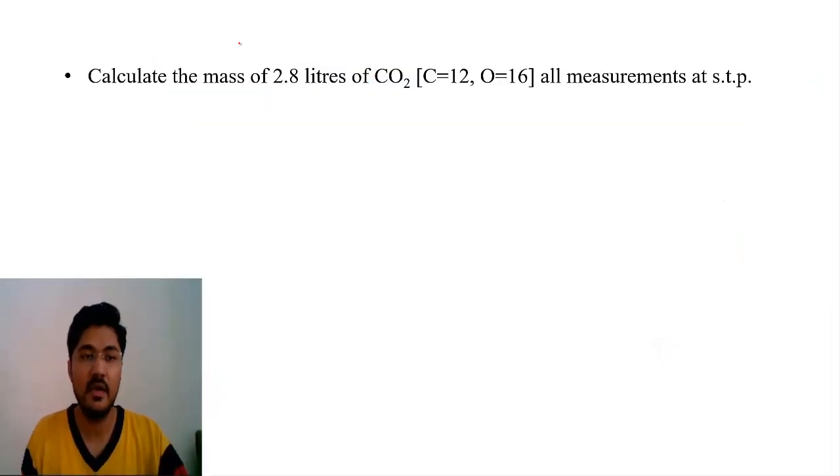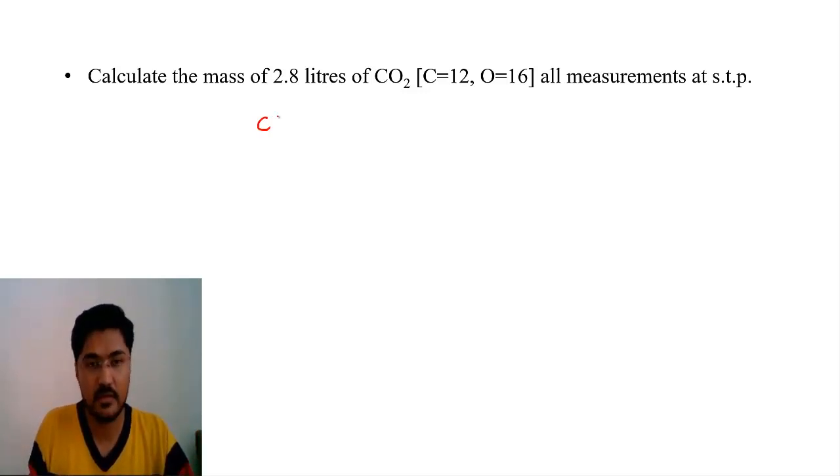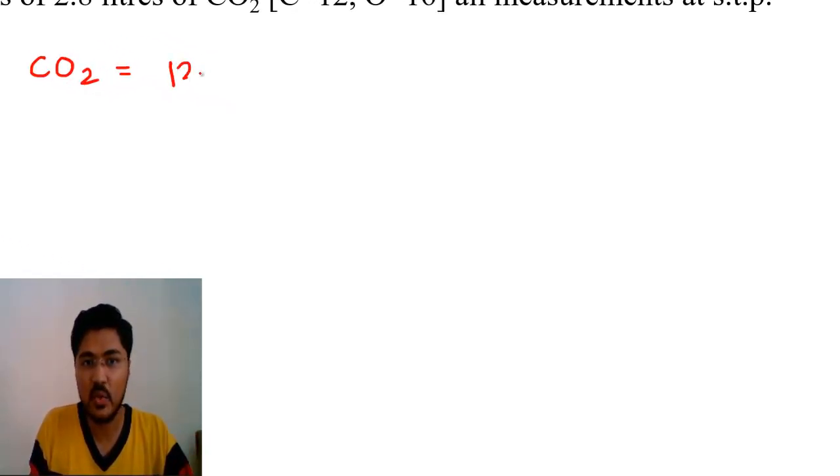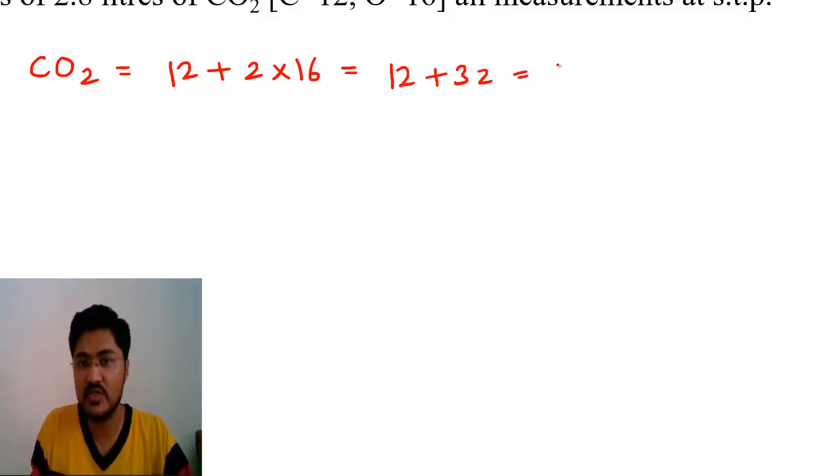Let's start. The first numerical is: calculate the mass of 2.8 liters of CO2, where carbon is 12 and oxygen is 16, all measured at S.T.P. CO2 will have a molecular mass of 12 plus 2 into 16, that is 12 plus 32, which becomes 44.